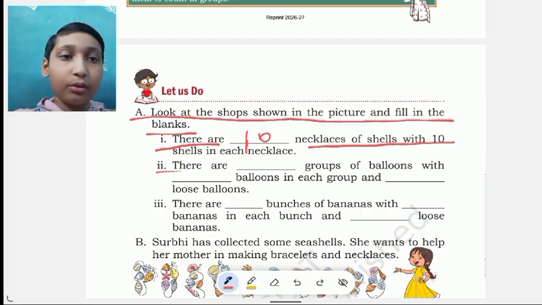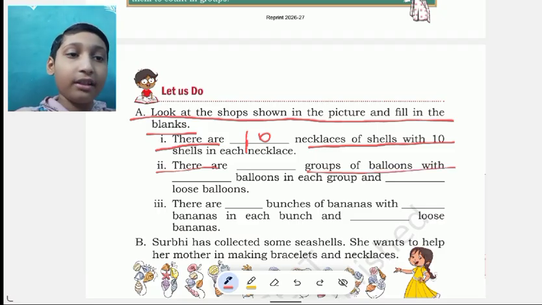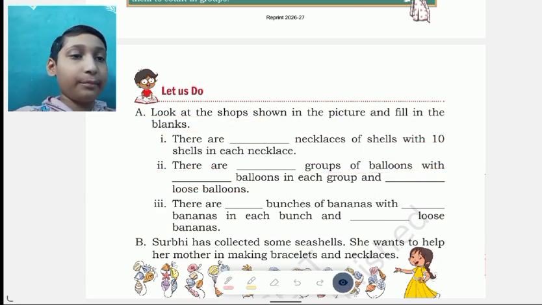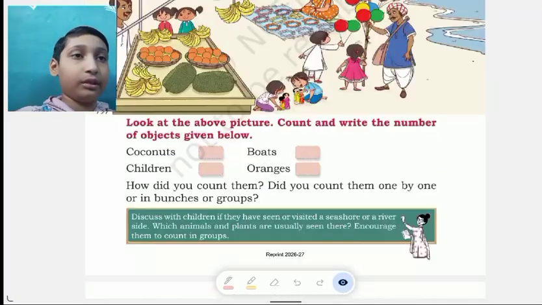Then there is 2. There are dash groups of balloons with dash balloons in each group and dash loose balloons. That's a lot of dashes. So we have to see how many groups of balloons there are.